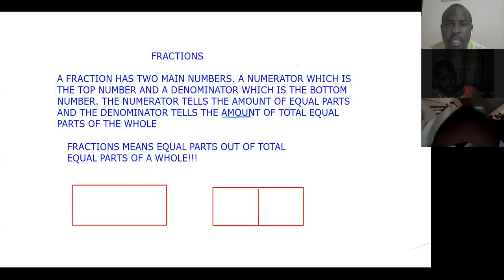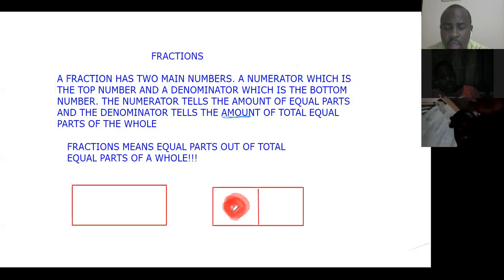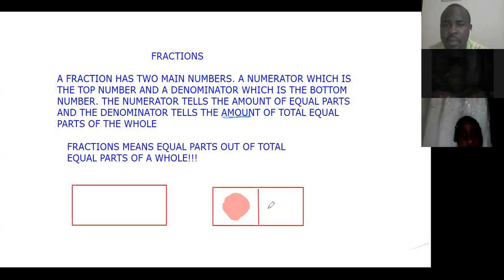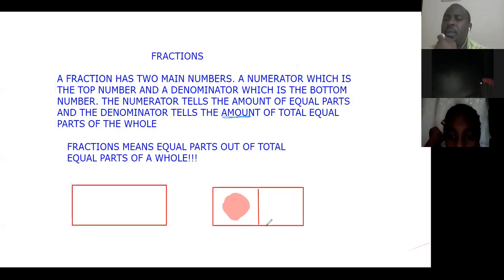Now, let's look at the size of this part here and this part. Are the sizes the same? Yes, sir. All right.